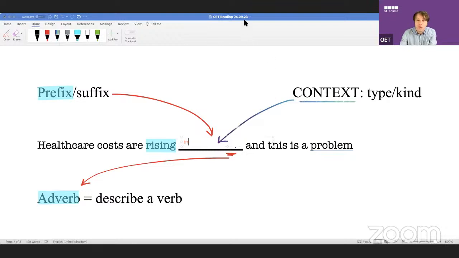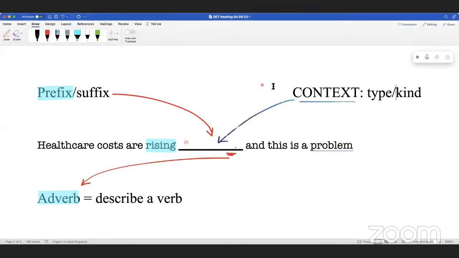And we also know that it looks to be some kind of negative word. Problem, context. What kind of word would you put in here? Can you try to guess the meaning? What do you think it means? Here will be some kind of adverb, like rising continuously, for example. Rising in costs, in prices.